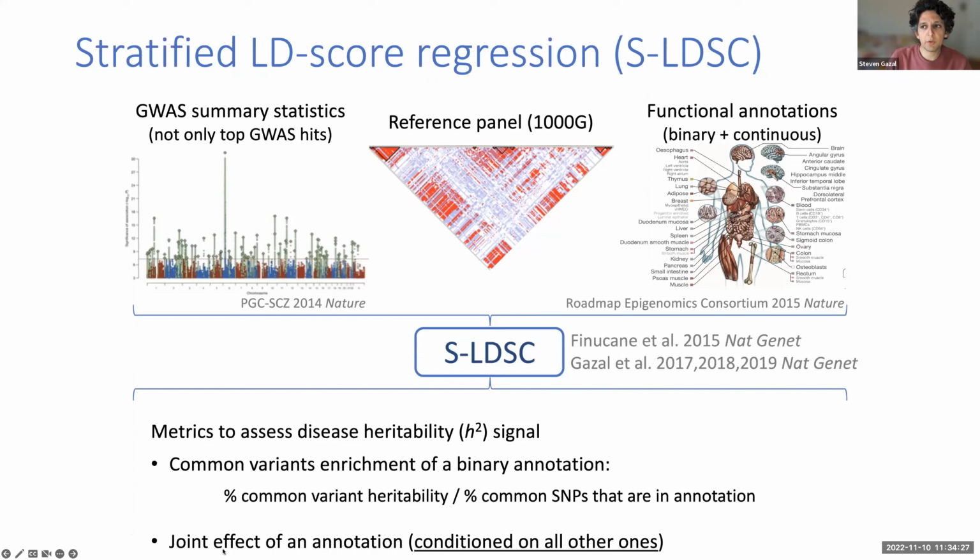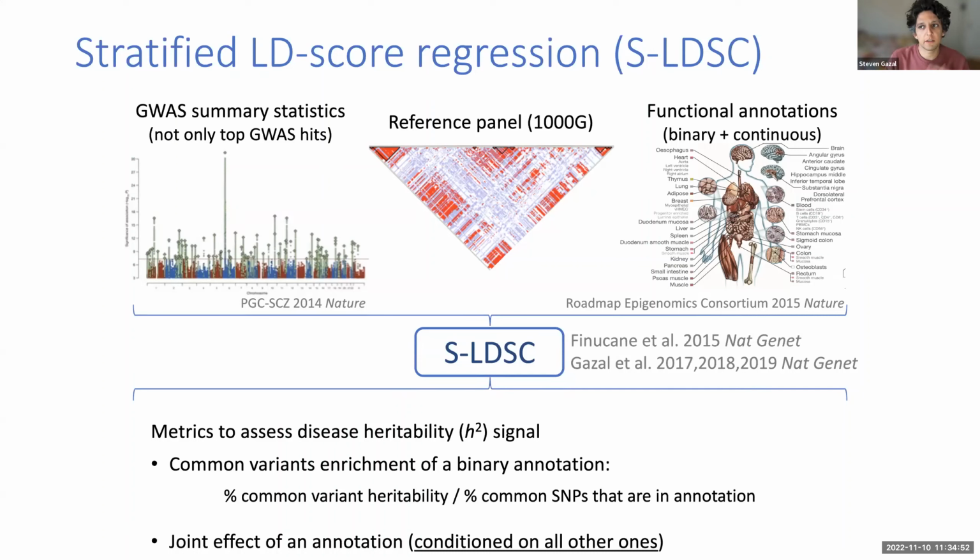And another metric, which I will use only in one slide, is something called the joint effect of an annotation. Because we're analyzing a lot of annotations together, and because a lot of these annotations can correlate with each other, we are able to compute its conditional signal, which means its effect conditional on all the other annotations in the model.